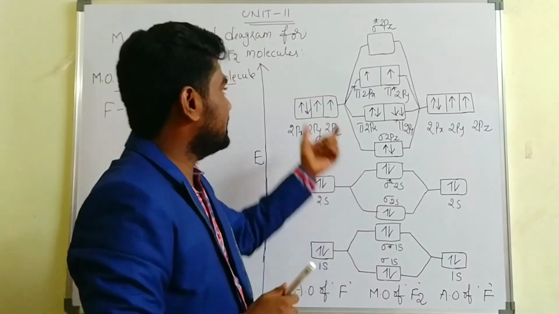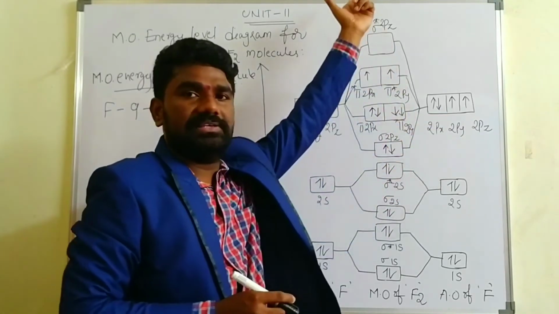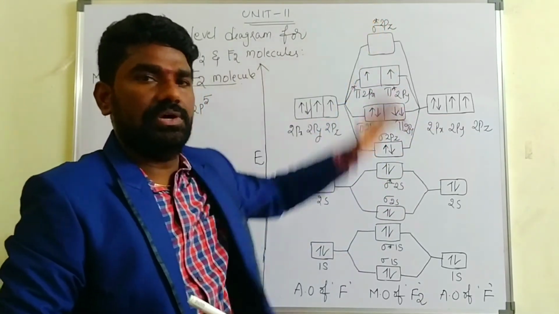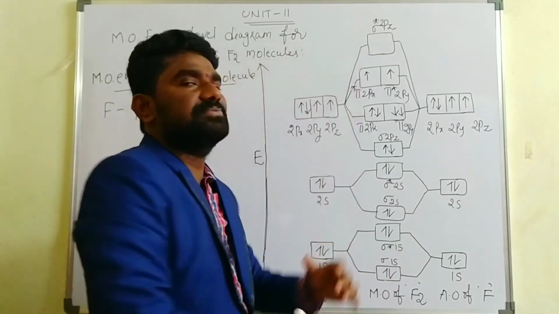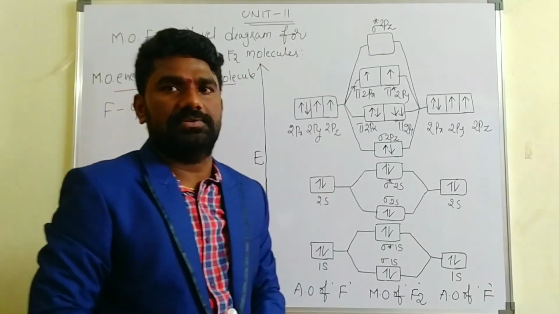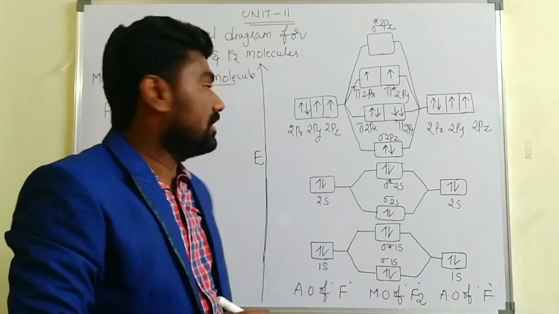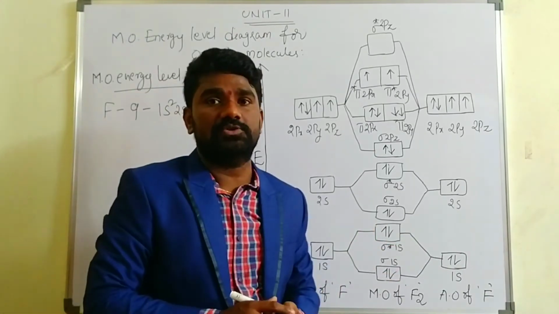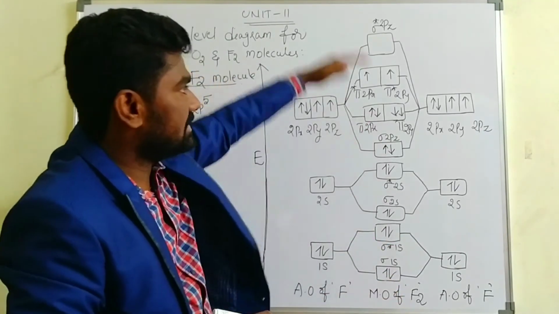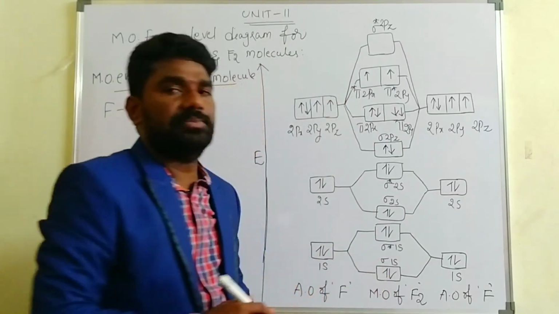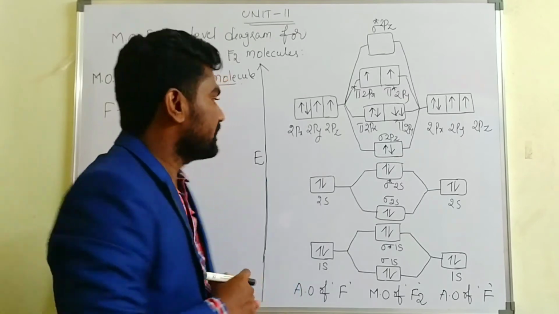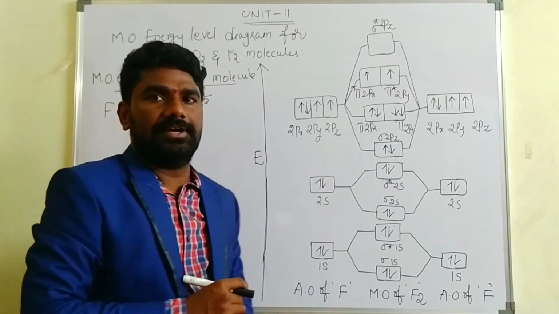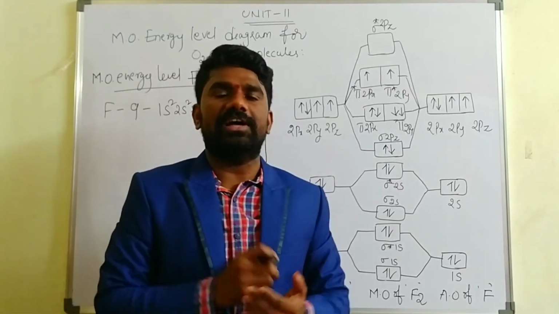Total 3 plus 3, in the same way 6 molecular orbitals we are going to draw. We need to draw in the same energy sequence order as oxygen. For the fluorine molecular orbital energy level diagram also, we need to construct the same diagram as the oxygen molecule. After the construction we need to check the filling of the electrons.